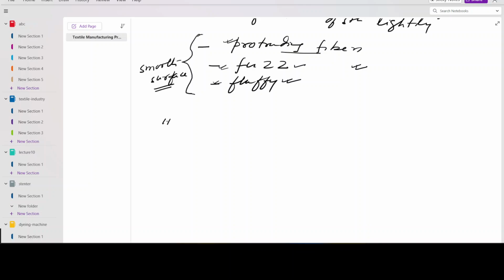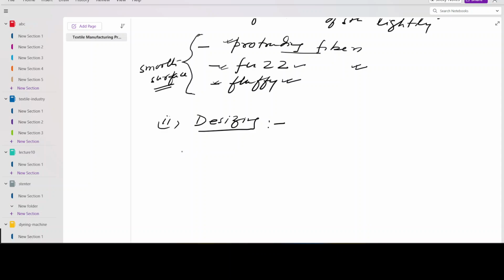Another process, next one is desizing. In the weaving we have seen that sizing agent is applied to improve the strength of the warp yarn. Now we have to remove those sizing agents.